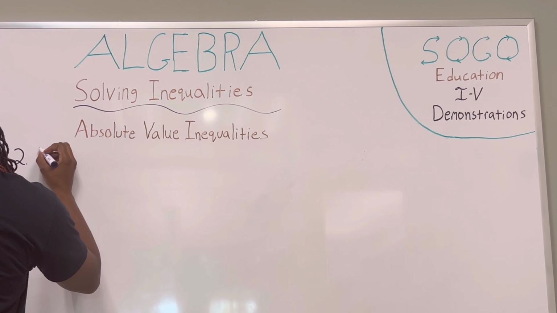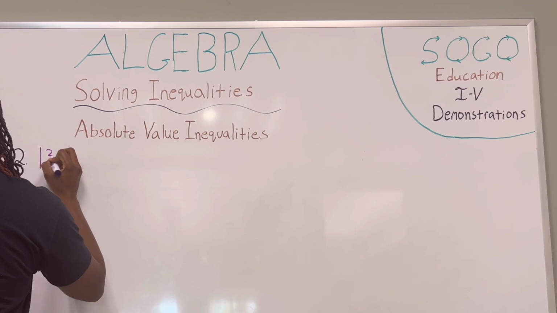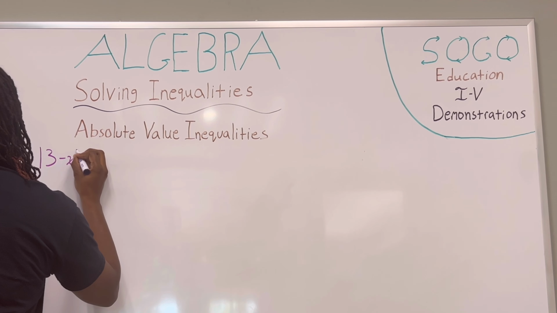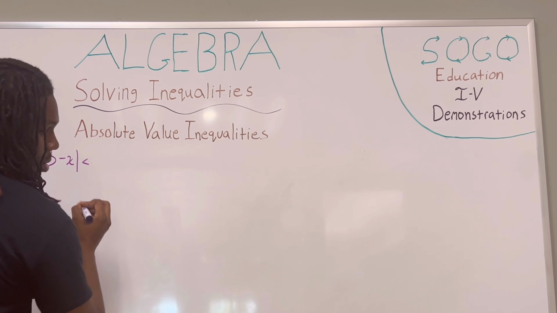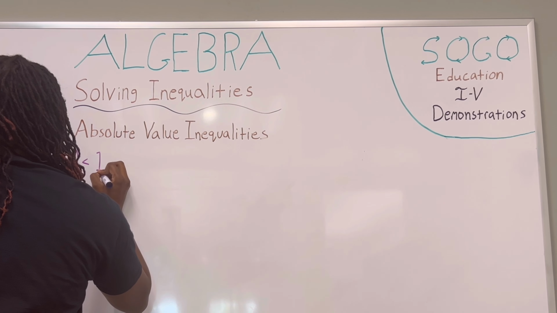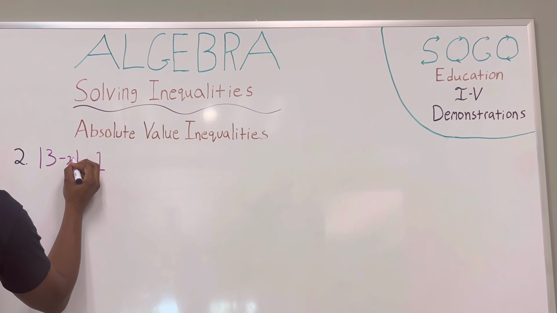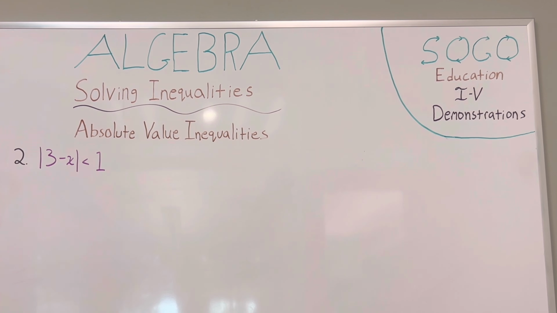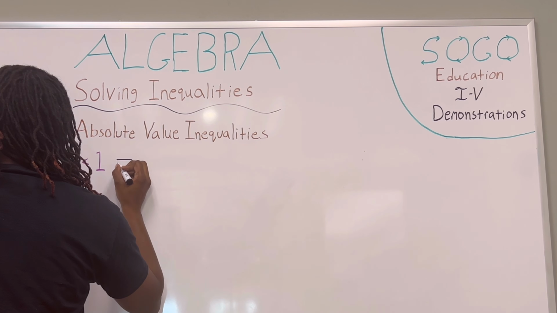All right, boom. So for the next problem, we got to do something that's an exception to the rule with the negative coefficient. You can see that negative on the x. So for this absolute value, we got the absolute value of 3 minus x is less than 1. All right, now we're gonna transform this absolute value inequality into an inequality with two signs.